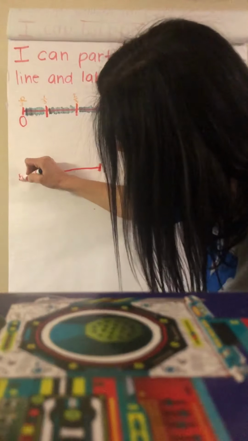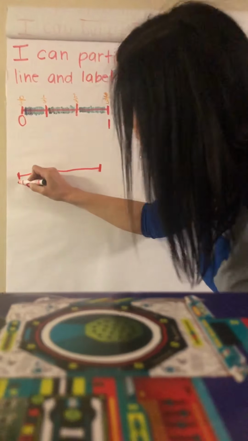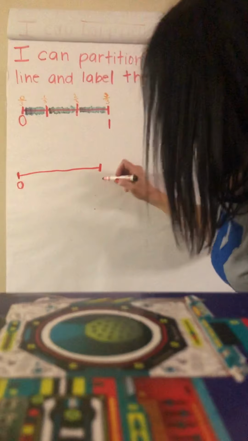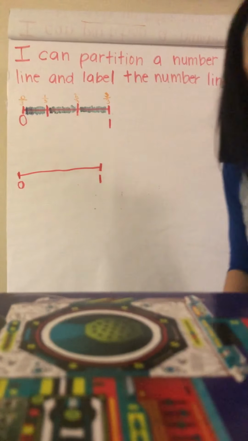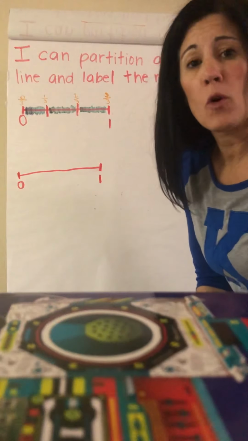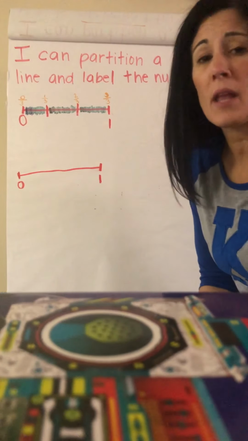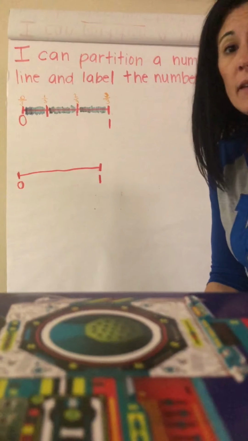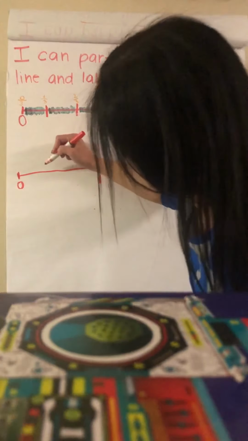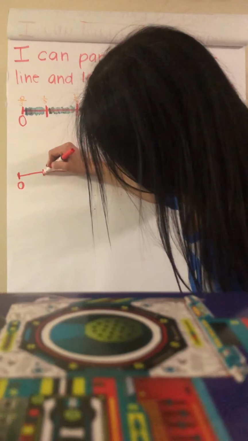I'm going to mark my line, 0 and 1. Okay, now I'm going to partition my number line into 6 equal pieces. So first I'm going to make thirds.